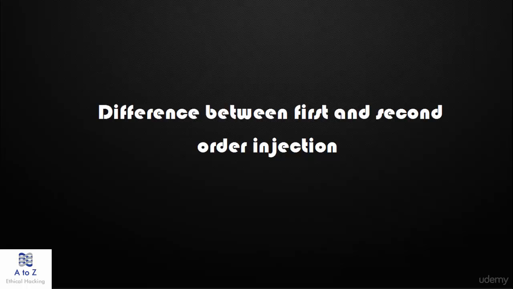The attacker submits a second different request. To handle the second request, the application retrieves the stored input and processes it, causing the attacker's injected SQL query to execute. So that's how second order injection works, or you can call it the mechanism of second order injection.